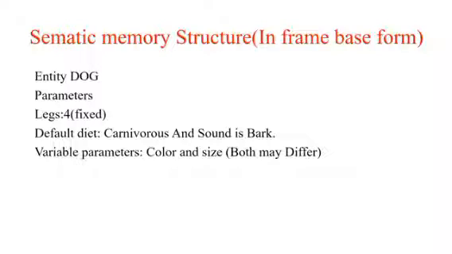Then the variable parameters are color and size, both of which may differ. Color may be red, black or white, and size may be small, medium or big. All this information is the frame based structure of this respective entity, that is dog.